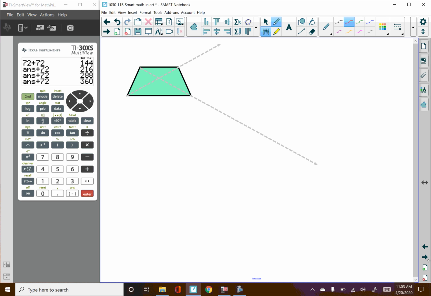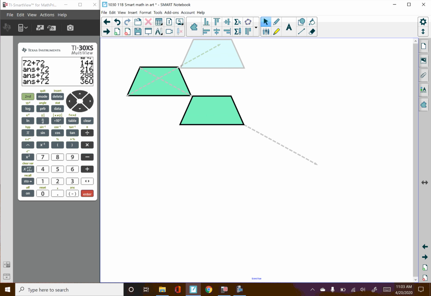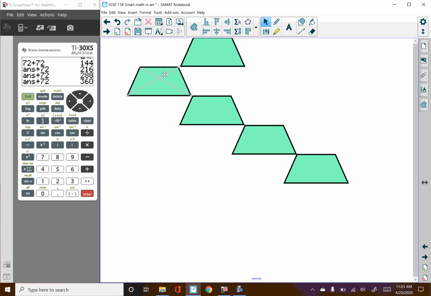So to see that happening live, I have a trapezoid. If I follow along the diagonals, I can create a tiling. And just keep following along the diagonals. Those newly placed shapes also have diagonals, so you could follow along those diagonals as well. And just keep repeating it until you have a tiling.